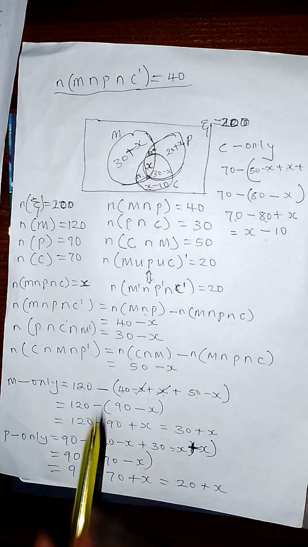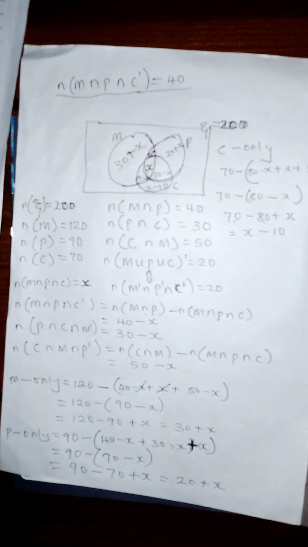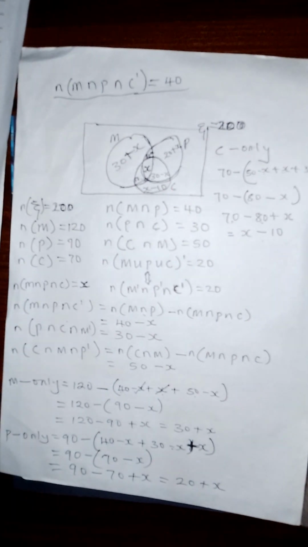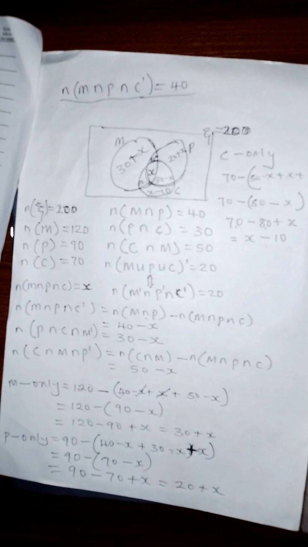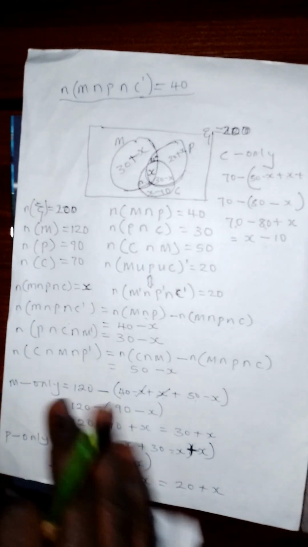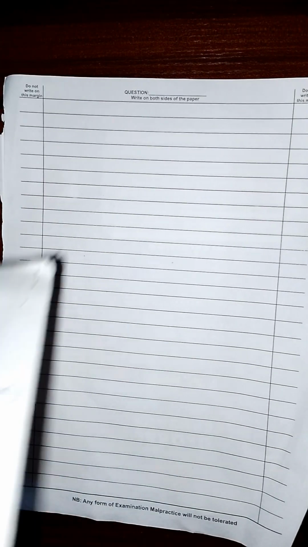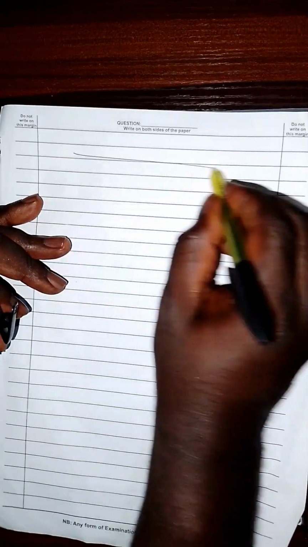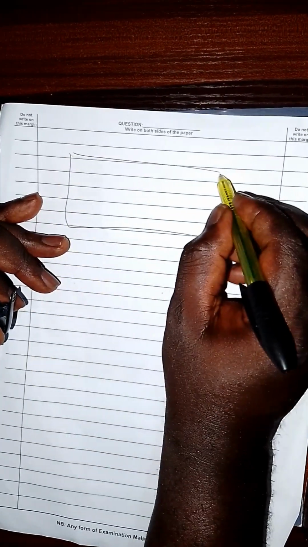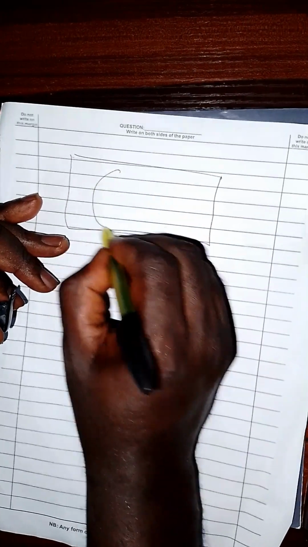Now, what's the next thing? I will add everything in the Venn diagram, and that will give me my final solving. Let me show you again what we have in the diagram.